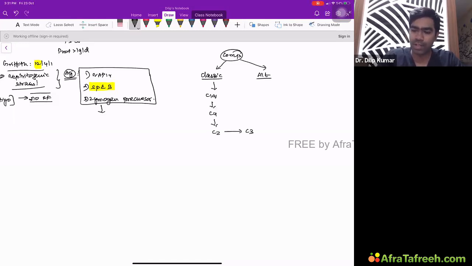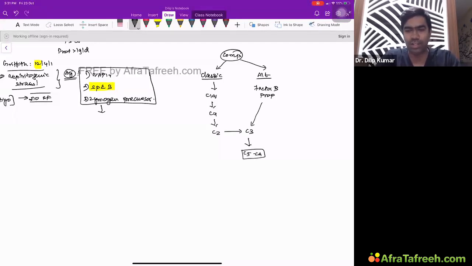Whereas the alternate complement pathway straight away activates C3, but more importantly, we can write factor B and properdin here that are very important. So this activates C3 directly, and from C3 you form the terminal attack complex C5 to C9.